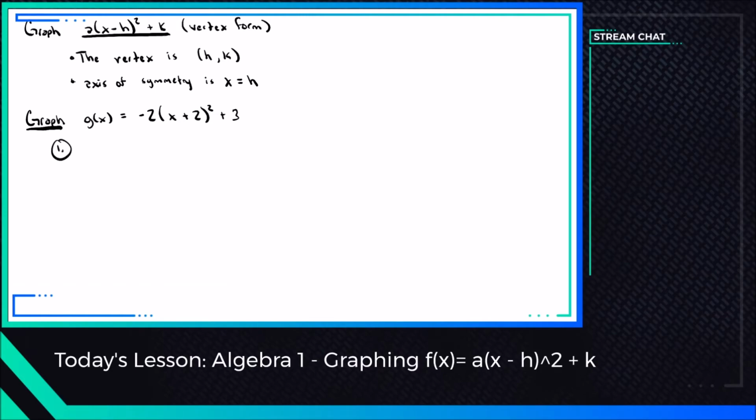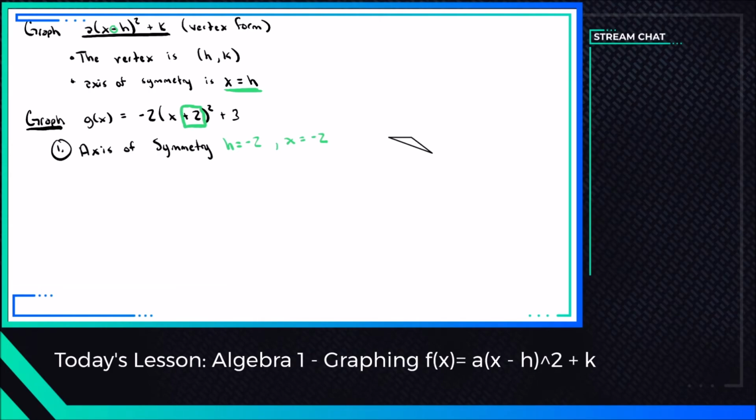We're going to first find the axis of symmetry. Our axis of symmetry is still based off of x being equal to h. H is right here. Notice that normally the function is a negative, right? We're minusing h. So if you see a plus here, h is actually negative. So h is equal to a negative 2. Therefore, x is equal to a negative 2.